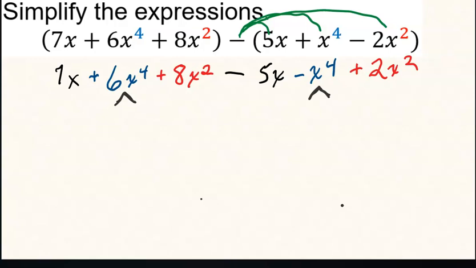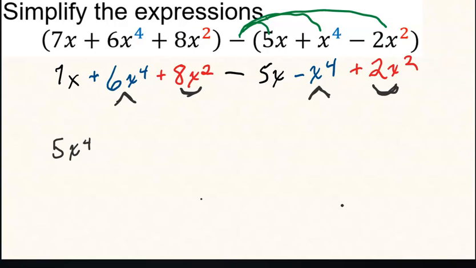So positive 6 plus -1, there's a secret -1 in front of that x, becomes 5x to the fourth. Then I'm going to combine my other terms. So I'm going down in order here. So my next exponent is the x squared.